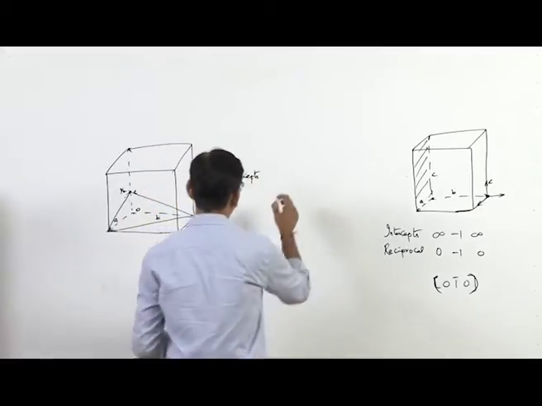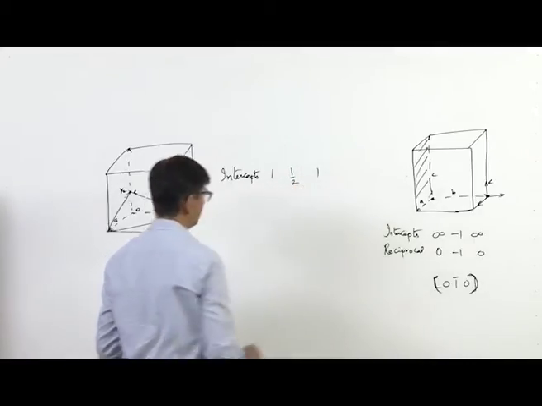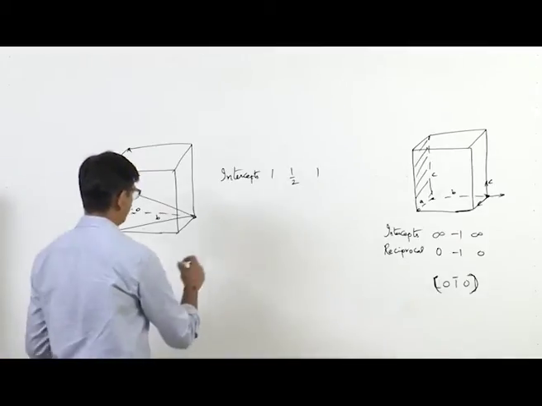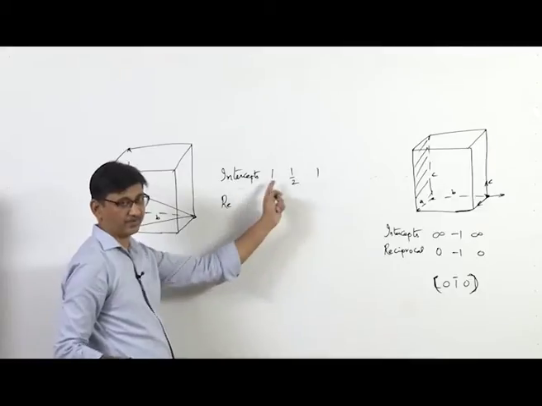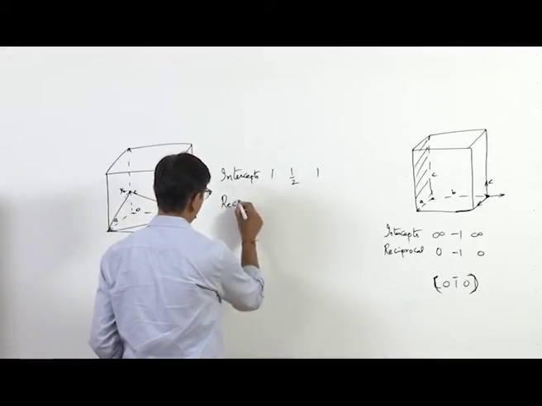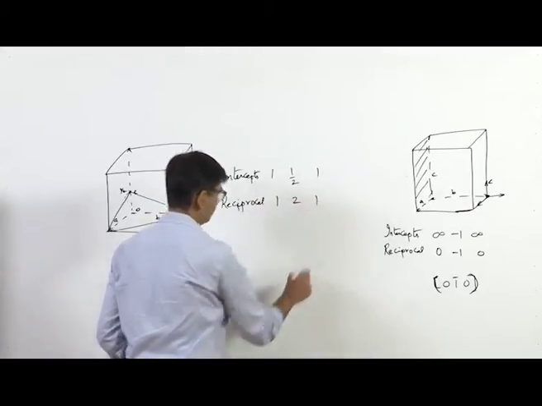So intercepts will be 1, half and 1, and now I will take the reciprocal first. Please remember, we are not making integers at this moment. First we will take the reciprocal. So it will be 1, 2, 1.